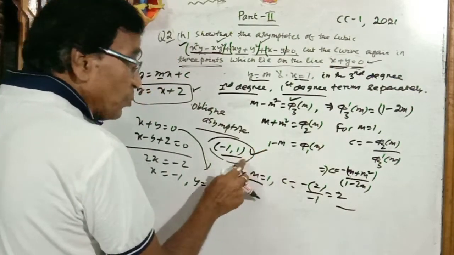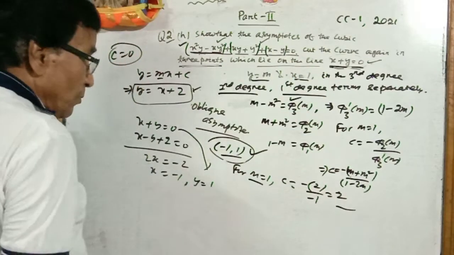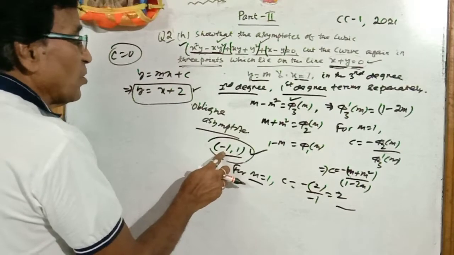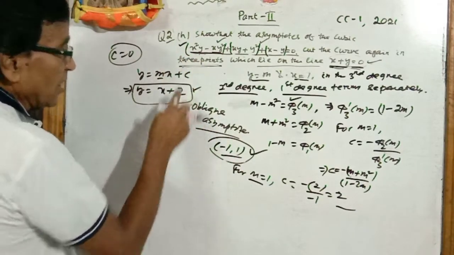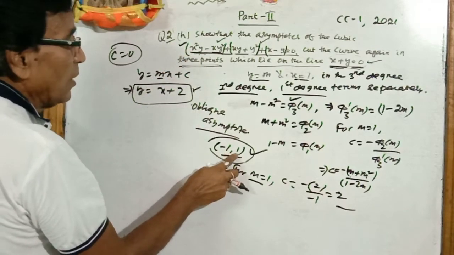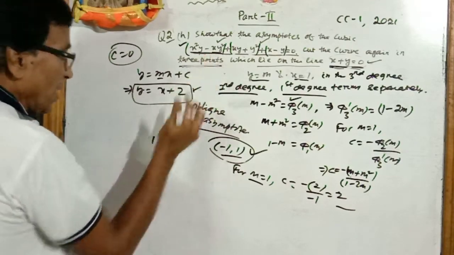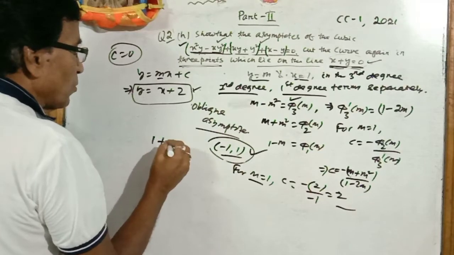So let us find out whether this point is lying on the curve or not. Here you see that if we take x is equal to minus 1, y is equal to 1, then x square into y will be 1.